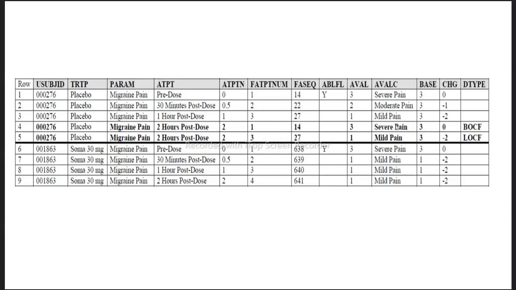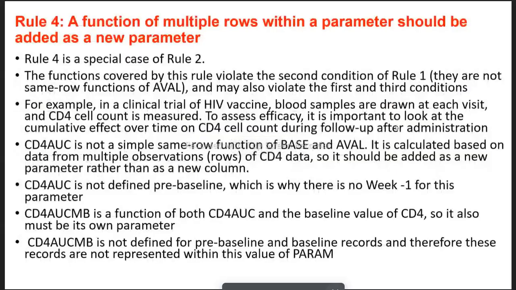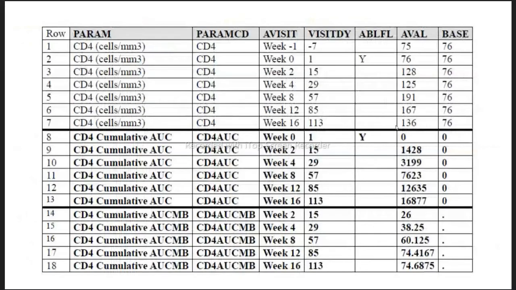Now, the 4th rule: a function of multiple rows within a parameter should be added as a new parameter. Again, reading and understanding the rule will be difficult, but if you see the example, it is going to be easy to understand. I will take a best example, CD4 count. In HIV patients, how can we understand the survival time, how long a patient is going to survive?